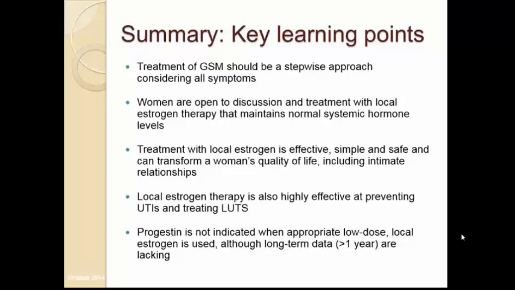Local estrogen therapy is also highly effective at preventing UTIs and treating LUTS, lower urinary tract symptoms. Progestin is not indicated when appropriate low-dose local estrogen is used, although long-term data past 1 year are lacking.